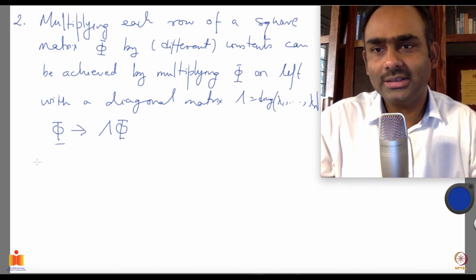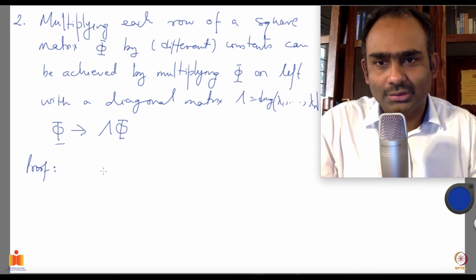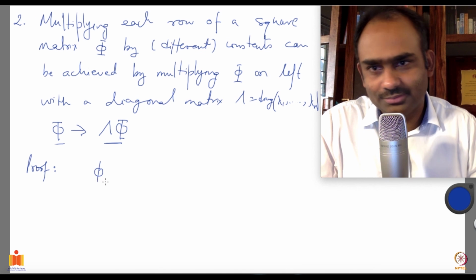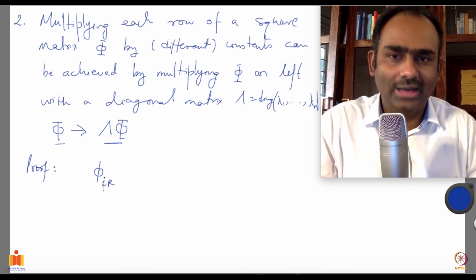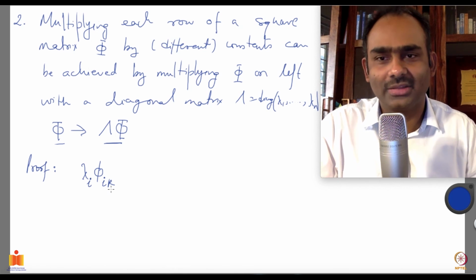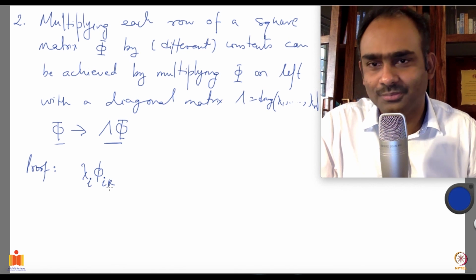Let me prove it again. It's simple, trivial as before. So you have here this thing. Take the phi ik element. Now I labels the row. Because you want to multiply each row by something, on the ith row you want to multiply lambda I. So this is where you want to arrive at.